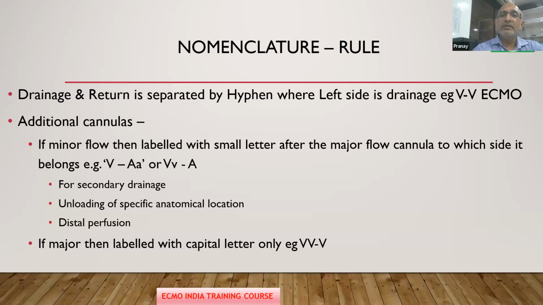If the flow is bigger, major, then it is labeled with a capital letter. Usually a second or third additional cannula is required either for additional drainage, or unloading of specific anatomical locations, or distal perfusion. So you can have a VVV or VAA or VVA ECMO.